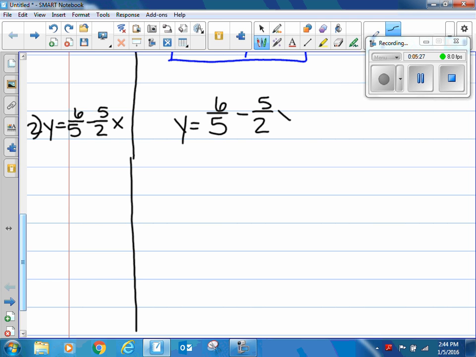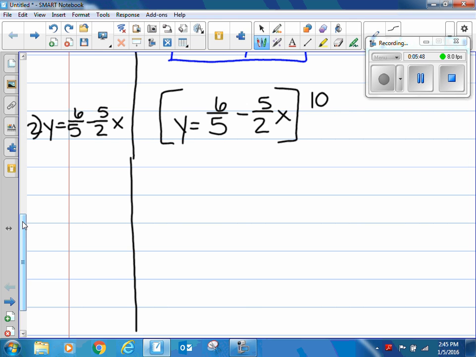Again, we have fractions, so we have to get rid of those fractions. In this case, we have to multiply by the least common multiple of 5 and 2, and that happens to be 10. So we're going to multiply everything by 10.